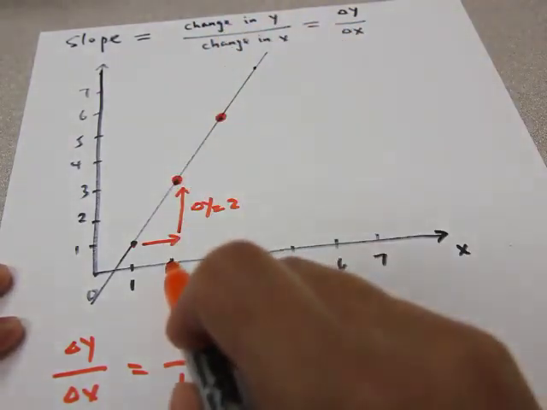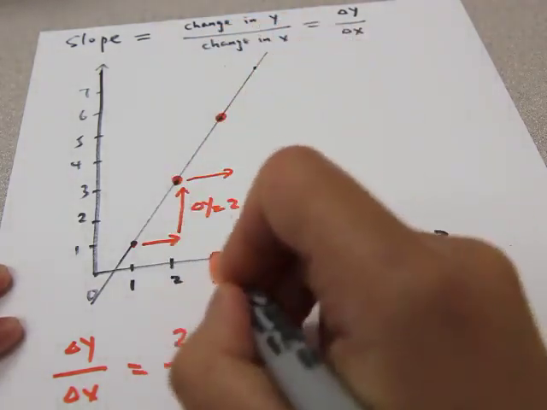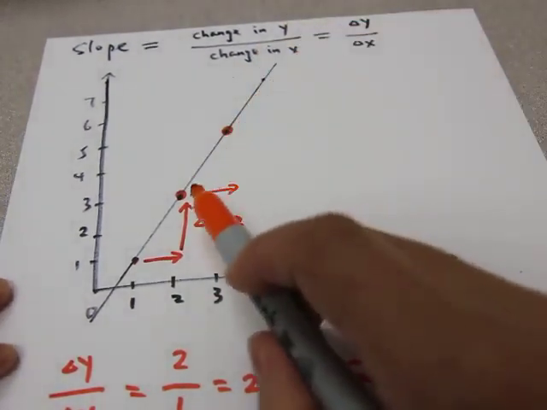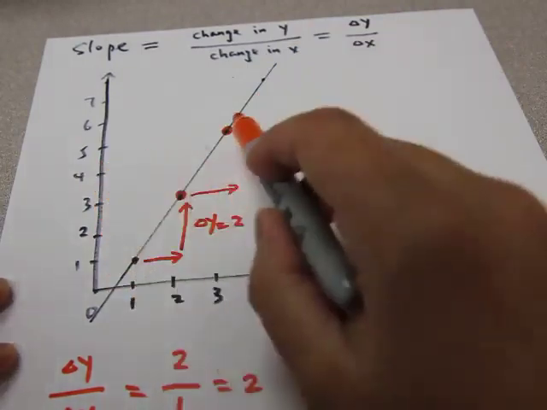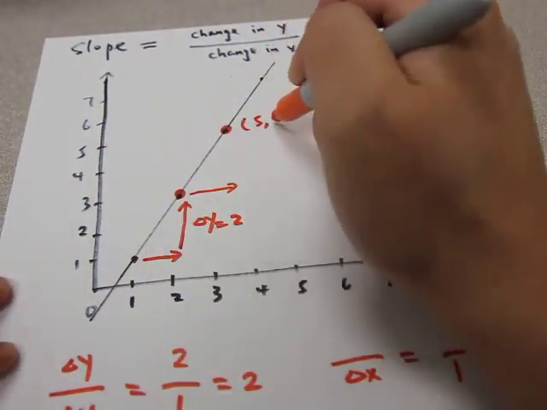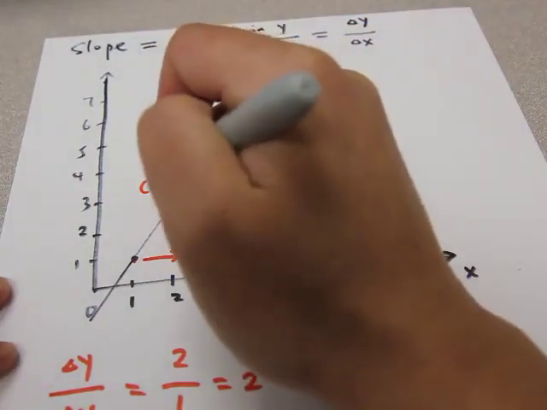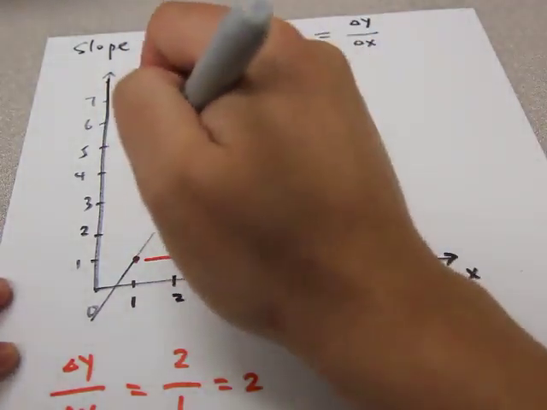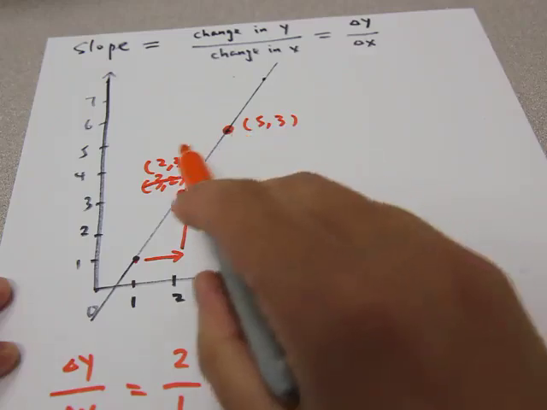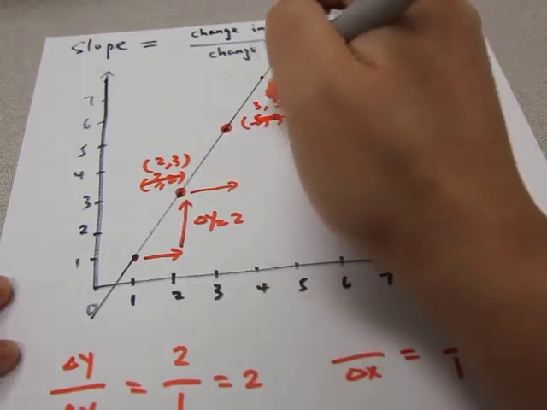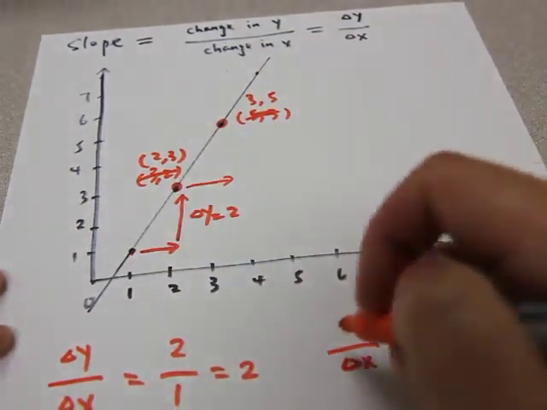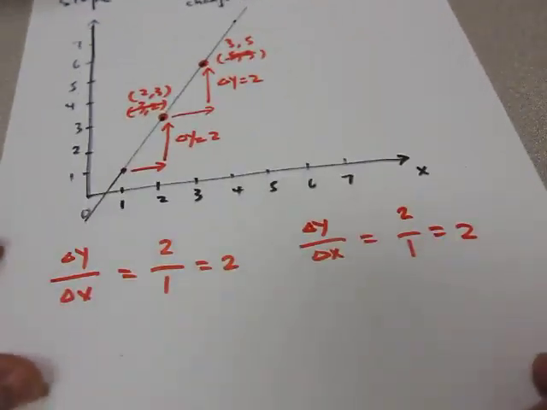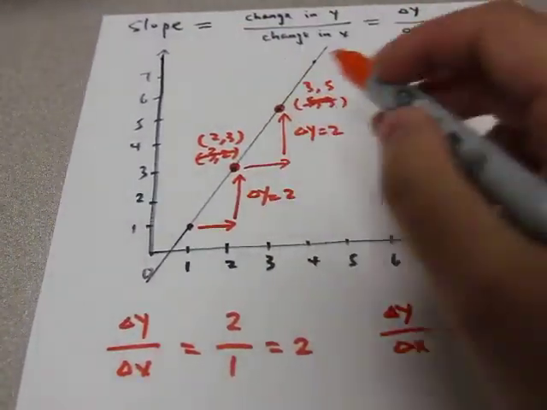From 2 to 3, the change in the x is still 1, and from 3 to 5, the change in the y is 2. So this ratio is 2. So the slope of this straight line is 2.